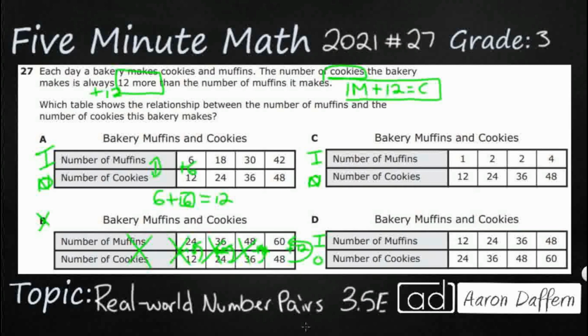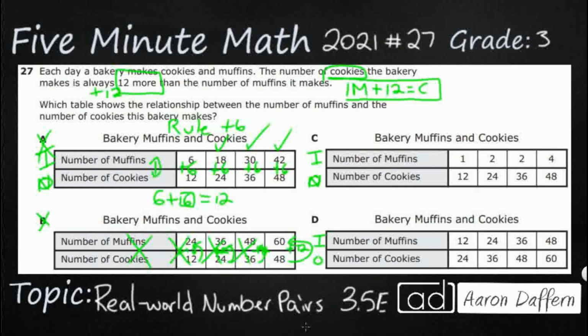Does 18 plus 6 make 24? Yes. Does 30 plus 6 make 36? Yes. And 42 plus 6 makes 48. So I've got a plus 6 as my rule, which is not really what I'm wanting, because I'm wanting a plus 12.